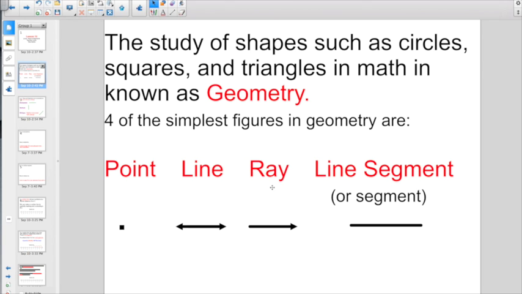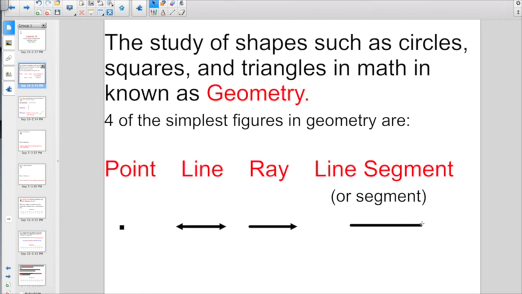You have what's called a ray. A ray stops at one point and goes on for infinity in only one direction, is what an arrow will point out. Or a line segment, or sometimes it is called a segment. And segments actually stop on both sides.